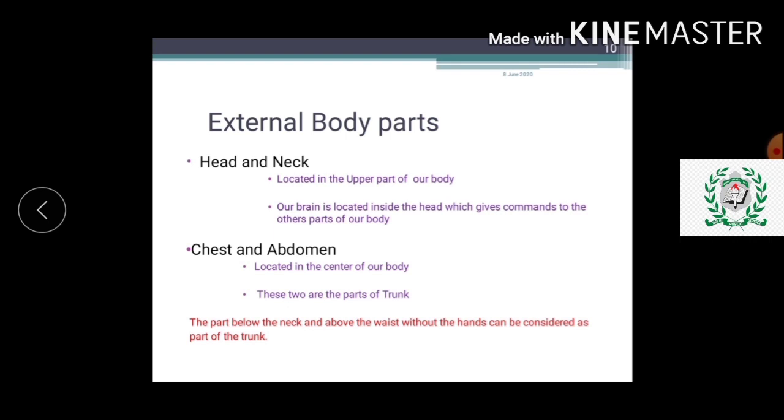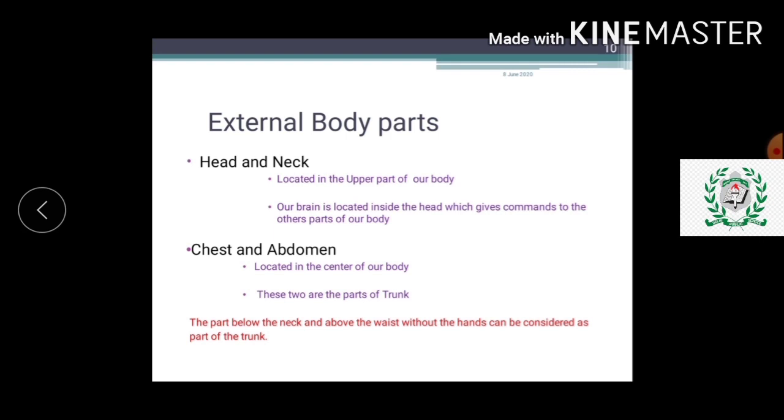That is the brain. The brain plays a predominant role in the functioning of the human body. It gives commands, which are stimulated in your mind and later stored as memories as well. So the brain has a very vital role in our body.